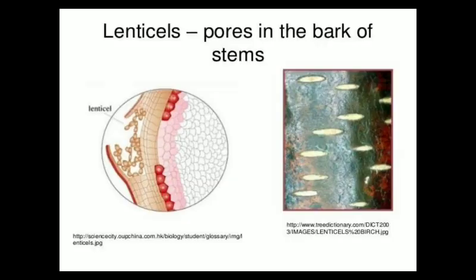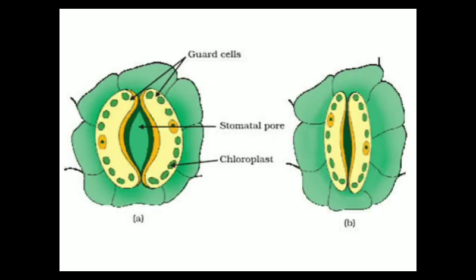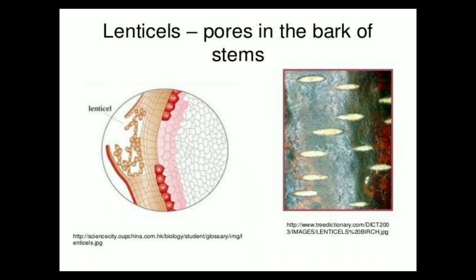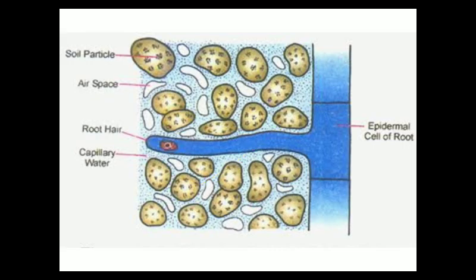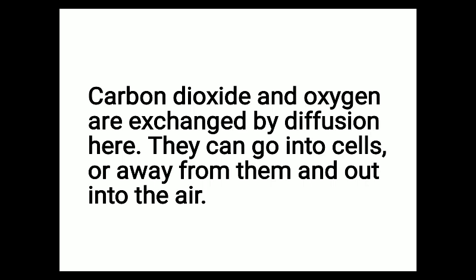So what are the different structures by which plants can take oxygen? The first is stomata, the second is lenticels, and the third is root hair. Carbon dioxide and oxygen are exchanged by diffusion here. They can go into cells or away from them and out into the air.